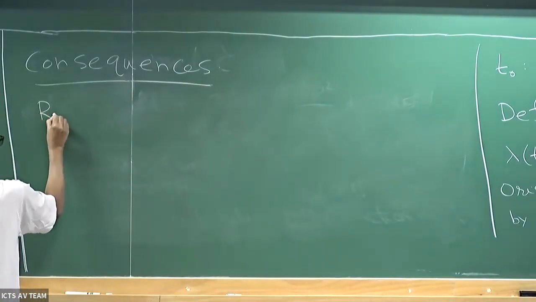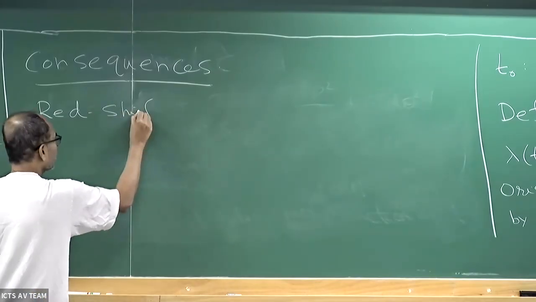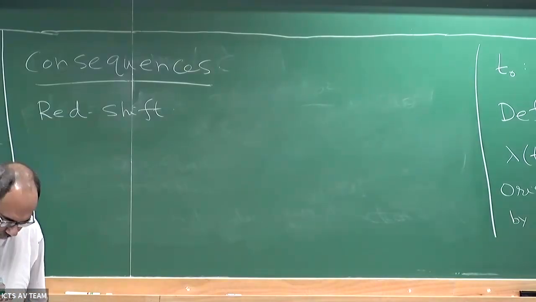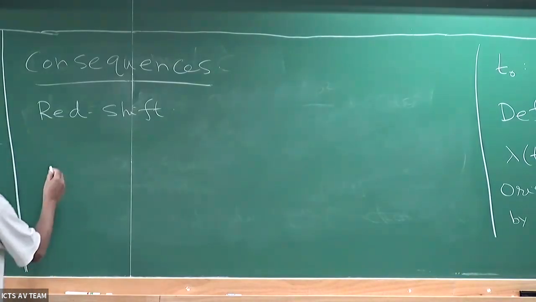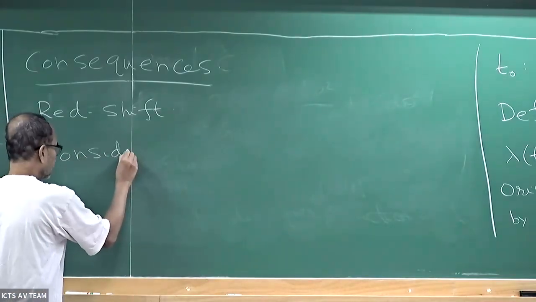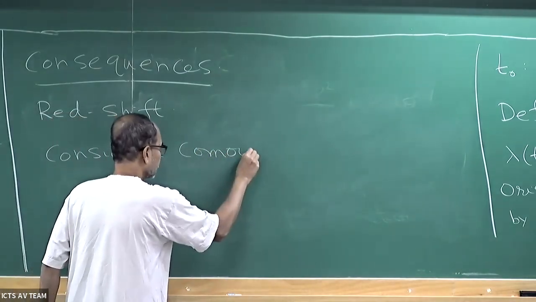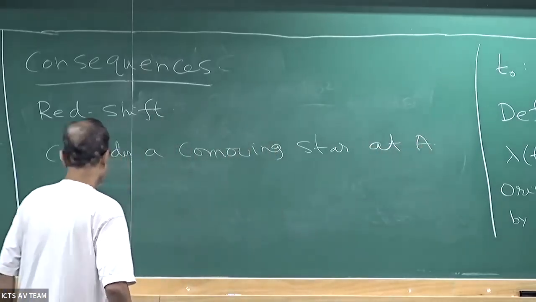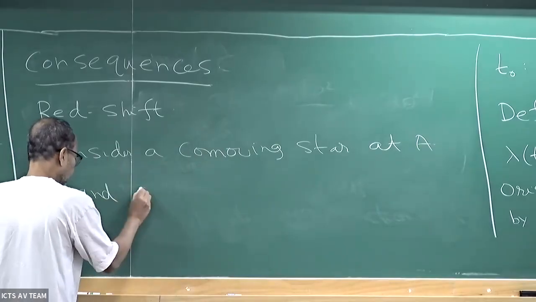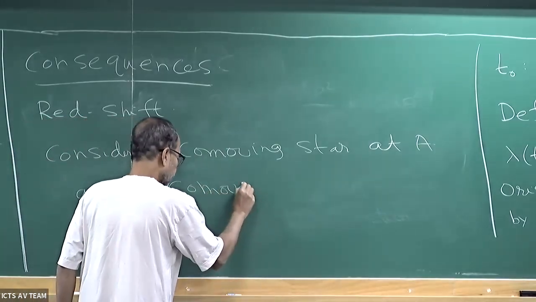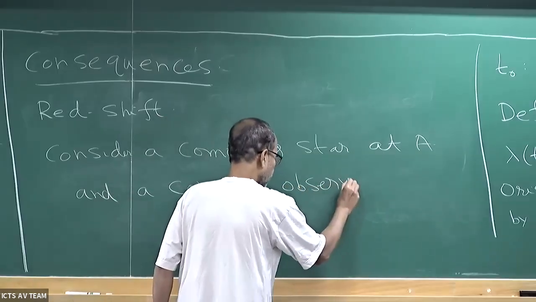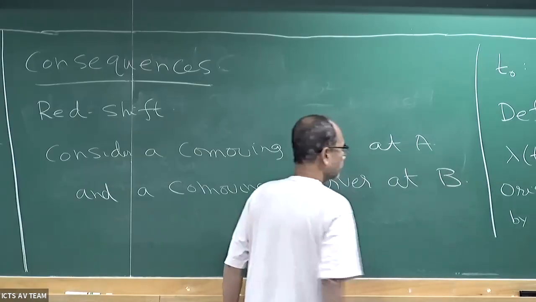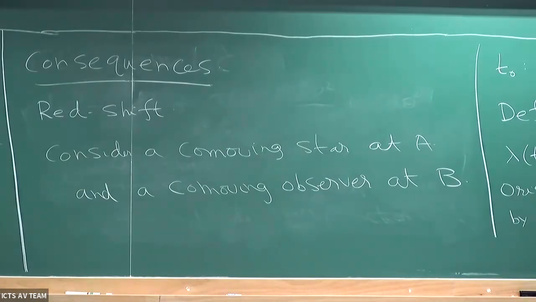The first consequence is redshift. Consider a co-moving star at A and a co-moving observer at B. Because the universe is homogeneous, we can take A and B to be any positions we like.